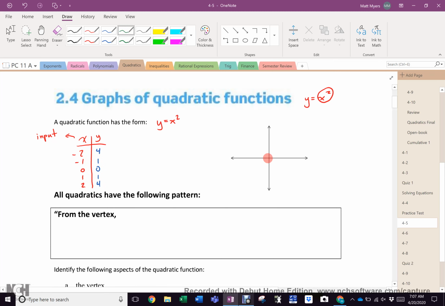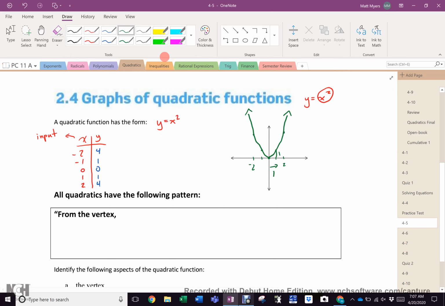And then I would put it on the graph. And that graph would look like this. 0, 0. 1, 1, -1, 1. 2, -2, -2, 4, +2, 4. And you would see a few neat things happen. You would see that when I go that way, 1, I went up 1.